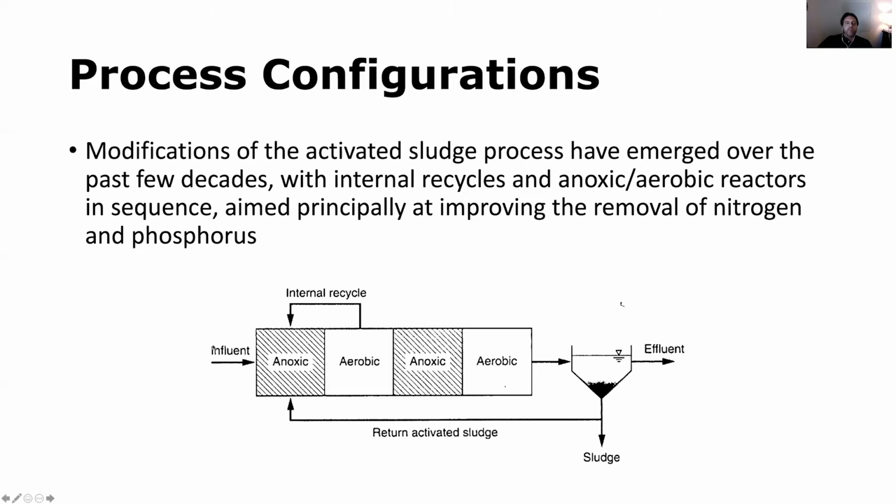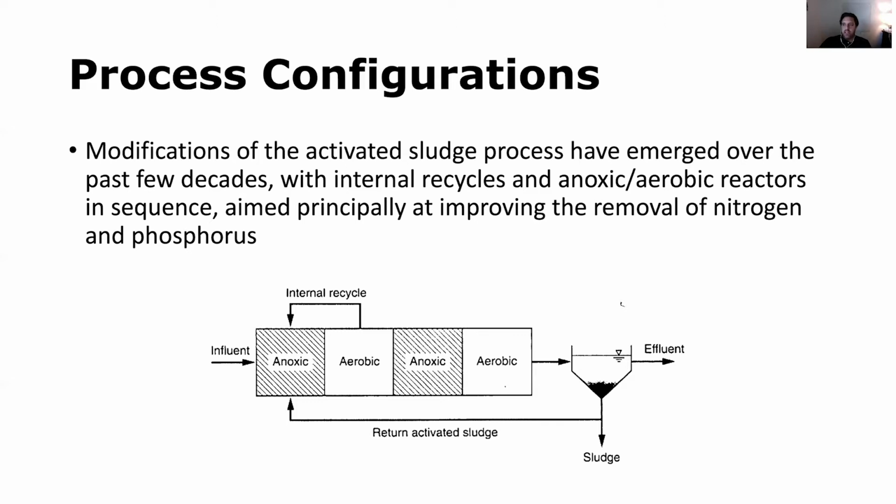So with the nitrogen cycle, you know that first the wastewater comes in with nitrogen mostly in the form of ammonia. That ammonia will be oxidized in the aerobic reactor. It'll be oxidized to nitrate.